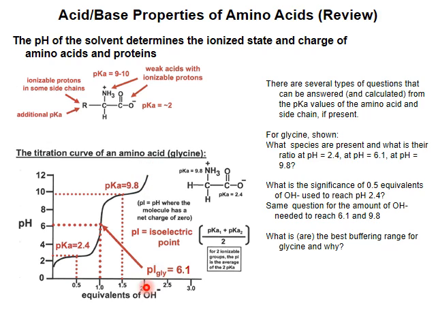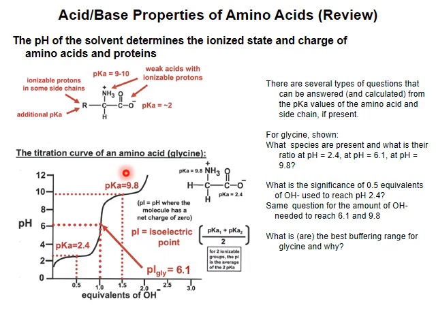So at the halfway equivalence points, 0.5, 1.5, 2.5, whatever it is, those would be our pKa's, and the equivalence point would be where we completely titrate that particular proton from that group. And recall, the isoelectric point is the pH at which the molecule is a zwitterion, electrically neutral, with an equal number of positive and negative charges on it.